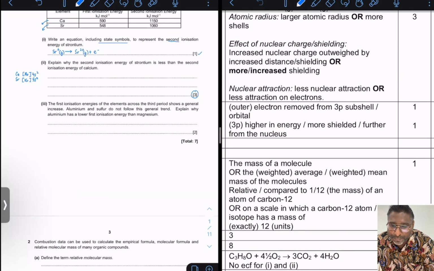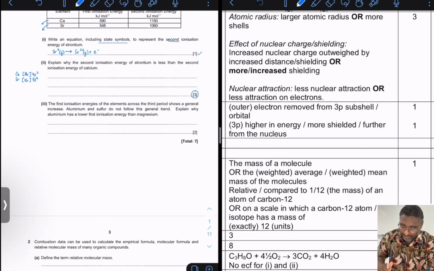So you talk about strontium having a larger atomic radius, or you mention more shells, as I just mentioned. Any of these, and you mention increased nuclear charge outweighed by the increase of the distance of shielding, or you say more or increased shielding, and then less nuclear attraction.